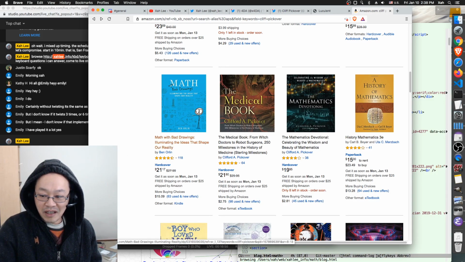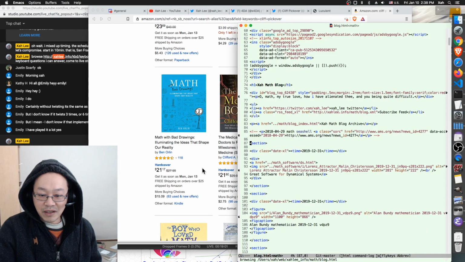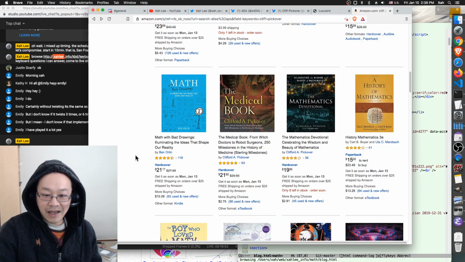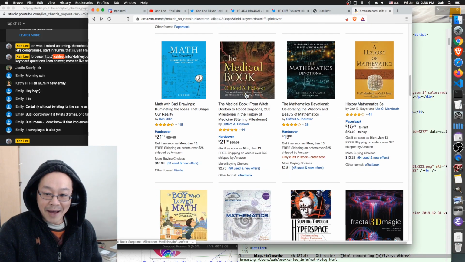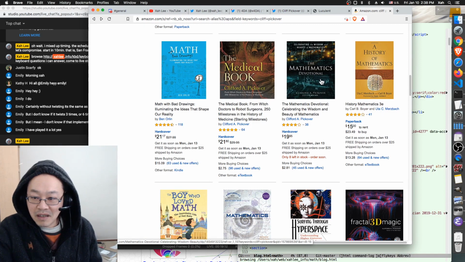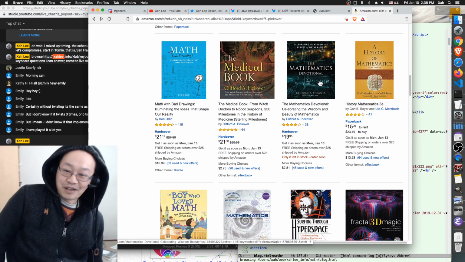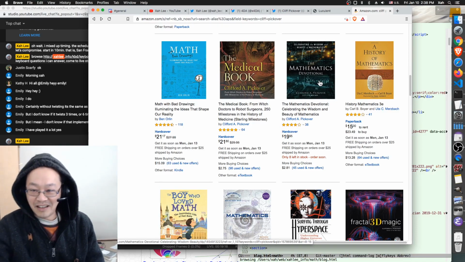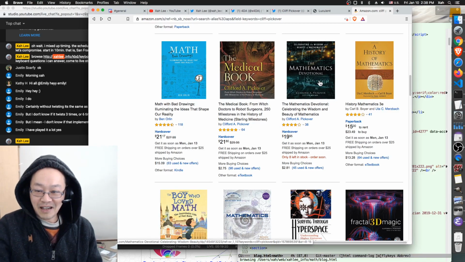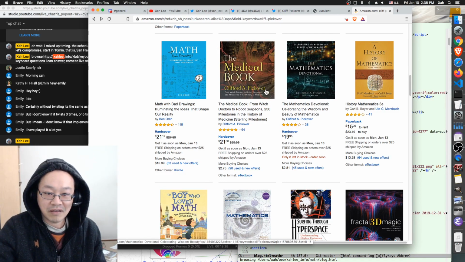Then you go over to the Clifford Pickover guy, and you see his crap. The medical book. What the fuck is this? The medical book. This one, the mathematics devotional. Devotional. Now it's getting into the occult, like medicine and stuff.